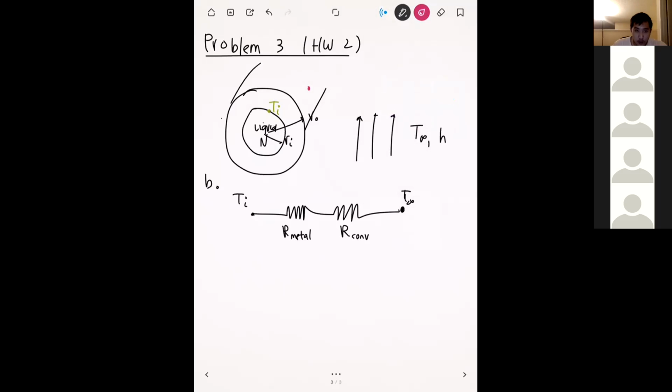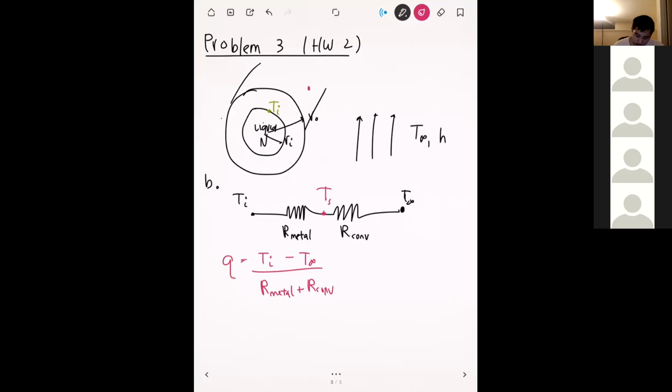Once you've set up this thermal circuit, you can compute the heat transfer. So Q is equal to Ti minus T infinity, all divided by the sum of the resistances. And then from here, you can solve for the surface temperature. The surface temperature is going to be right here. It is always the temperature right before the convection resistance, because that's the one you're physically touching on the outside.